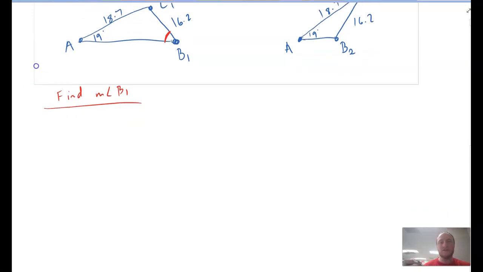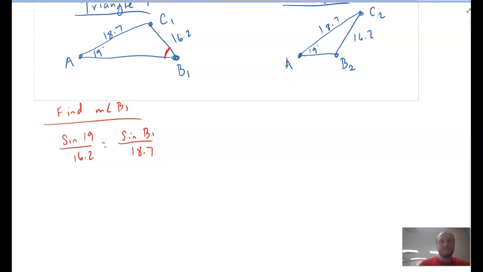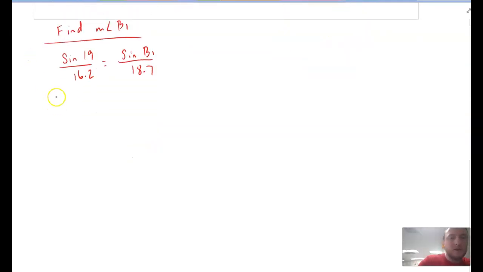How do we do this? This is the law of sines. I know that sine of 19 over 16.2 is equal to sine of B1 over 18.7. I've got to solve for B1, so I'll cross multiply: 18.7 sine of 19 is equal to 16.2 sine of B1. I'll solve for sine of B1 by dividing by 16.2.